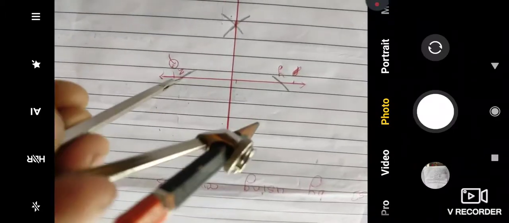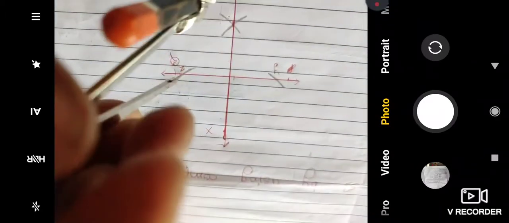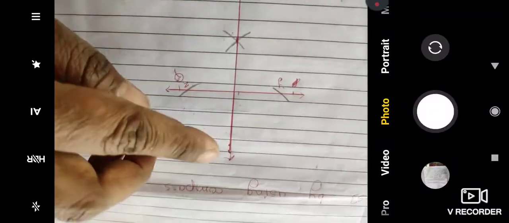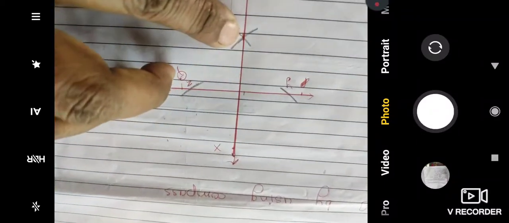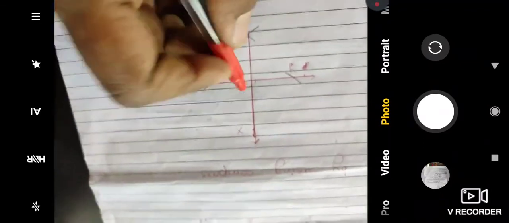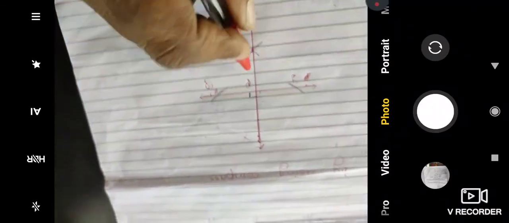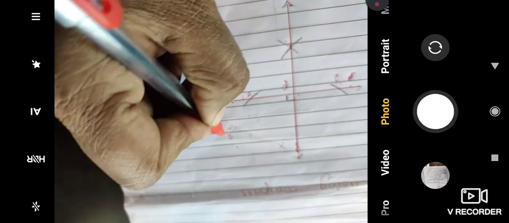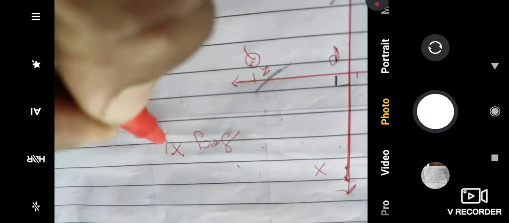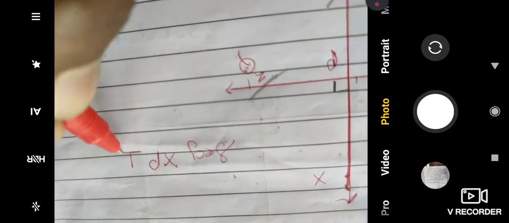And after that, taking more than half distance in your compass, draw the arcs below the line which intersect each other, and then join the point X and this point of intersection. So here, I will name it XP, suppose. So here write seg XP is perpendicular, this is the sign of perpendicular, XP is perpendicular on YZ.